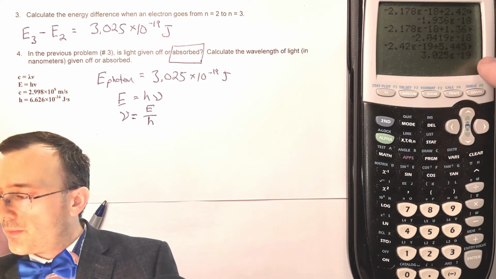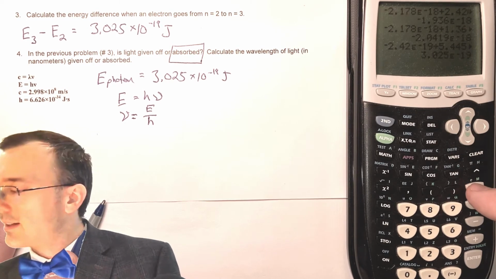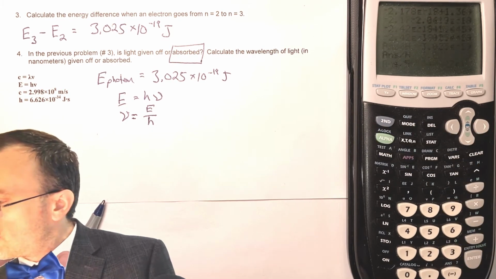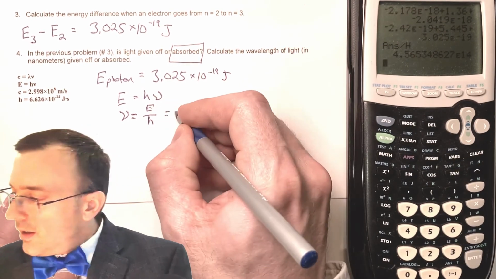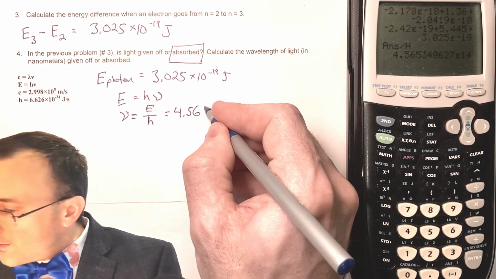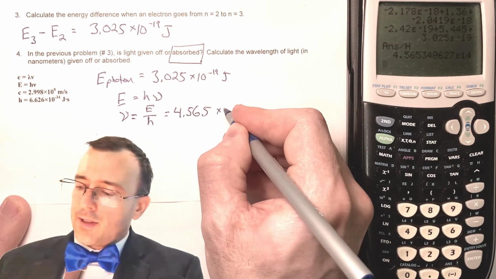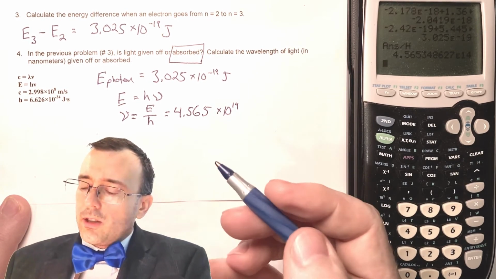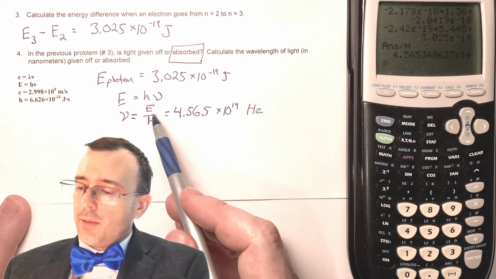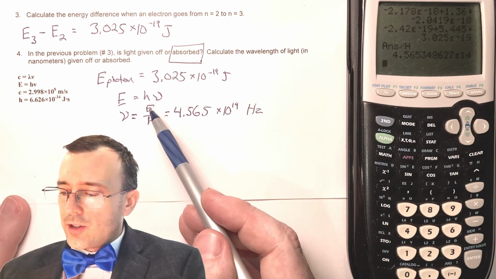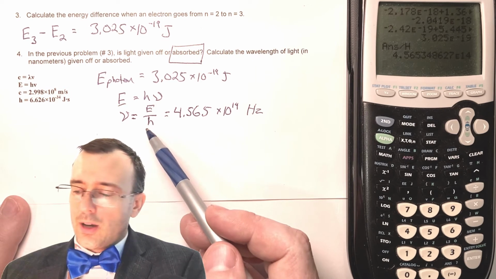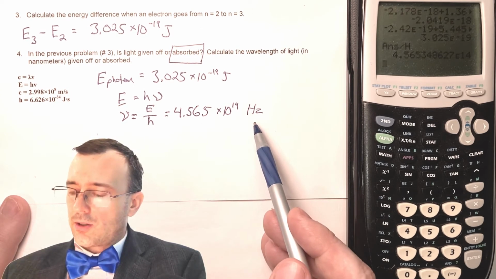So I have this number, the energy, and I simply divide by h, which gets me 4.565 times 10 to the 14th. What are my units? For frequency, my units are going to be hertz. That makes sense because your value for energy is in joules and h is in joule seconds. So joules over joules cancel and you have per second, which is hertz.